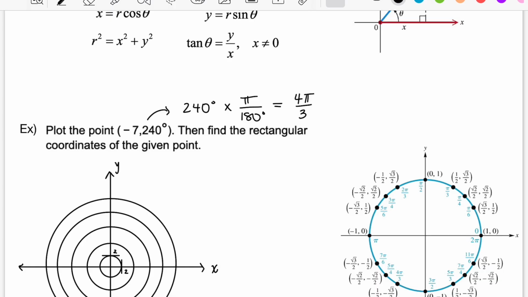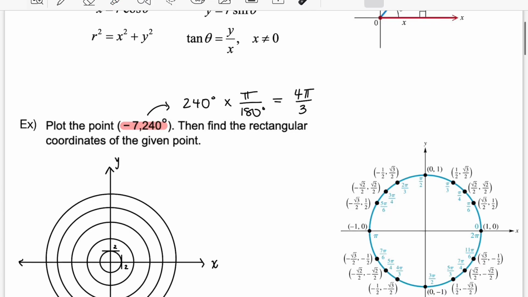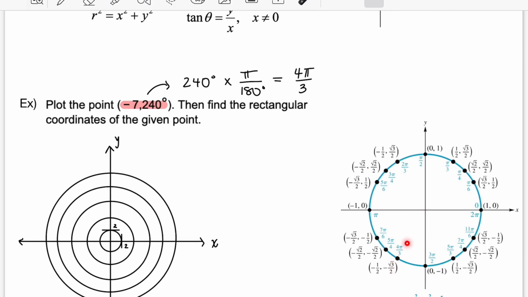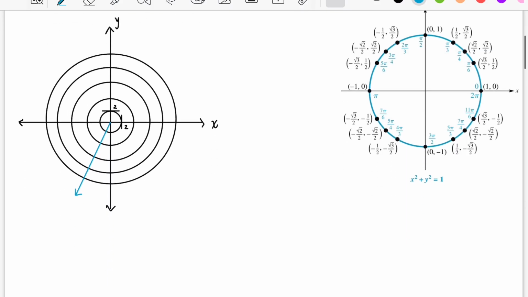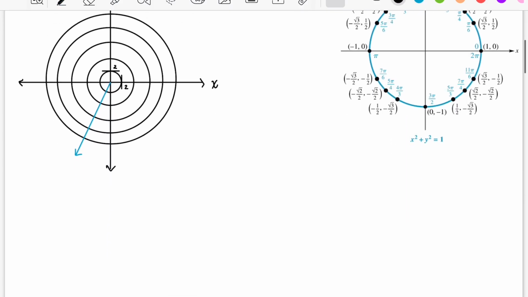Okay, so we want to plot this point. Now remember, 4 pi over 3 is this here. So our ray, 4 pi over 3, from the origin is pointing in this direction here. Now, something to notice though, let me write it down here.